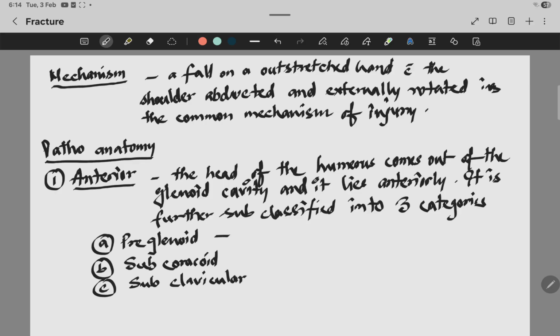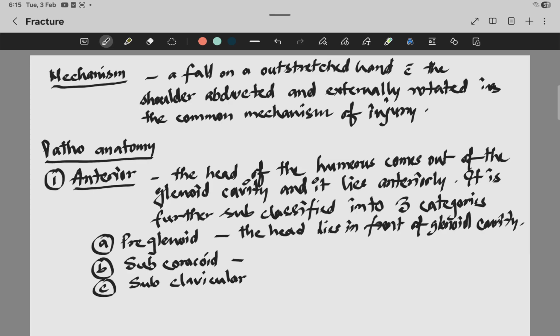In the preglenoid type, the head of the humerus lies in front of the glenoid cavity. In the subcoracoid type, it lies below the coracoid process. So that's why it is known as the subcoracoid.